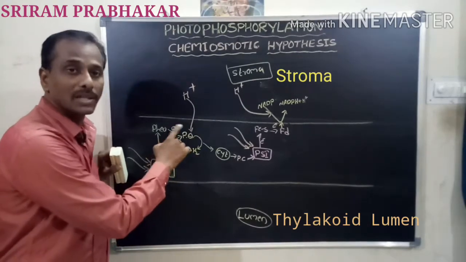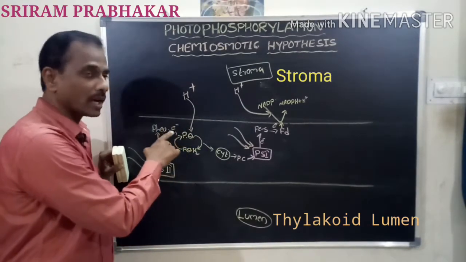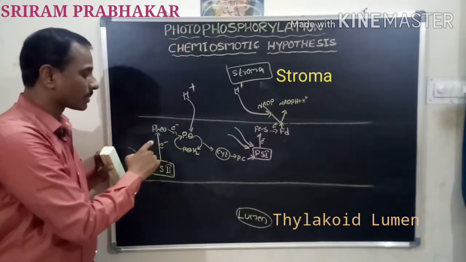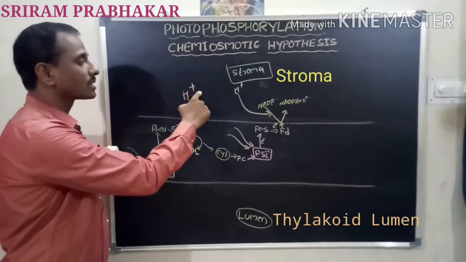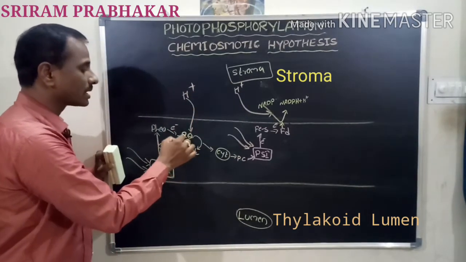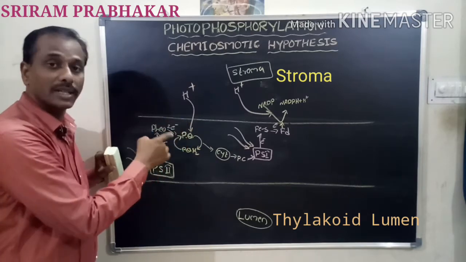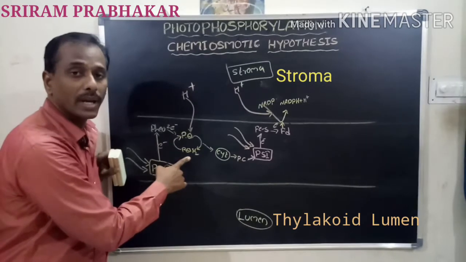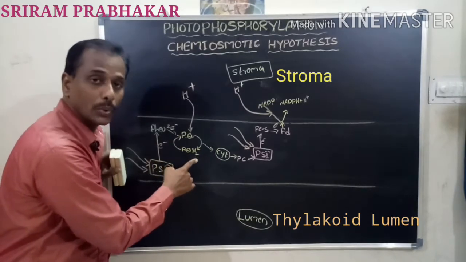For the reduction of plastoquinone, electrons and protons are essential. Electrons are supplied by the pheophytin, protons are supplied from the stroma. So the plastoquinone receives 2 electrons for the reduction and converts into plastoquinol, PQH2.